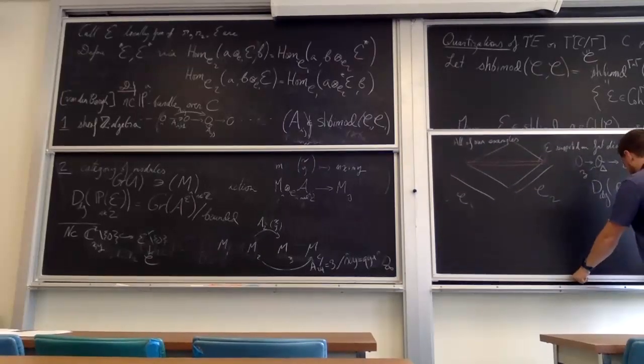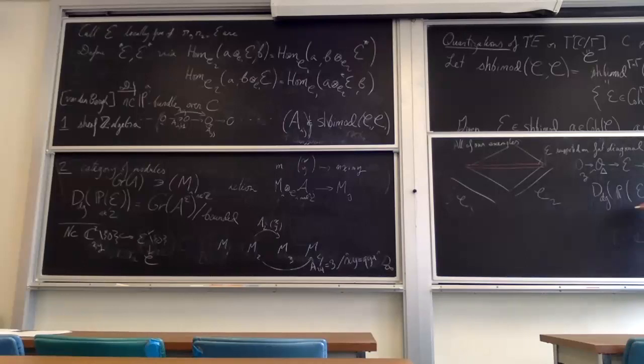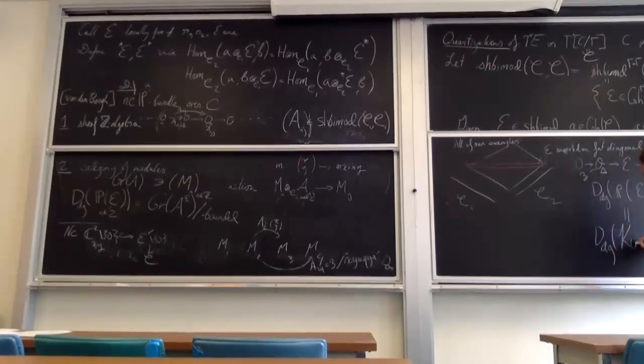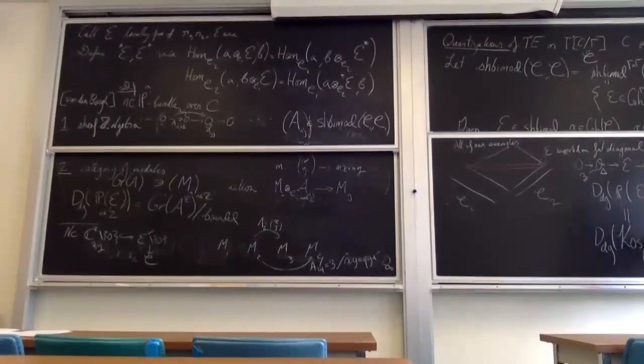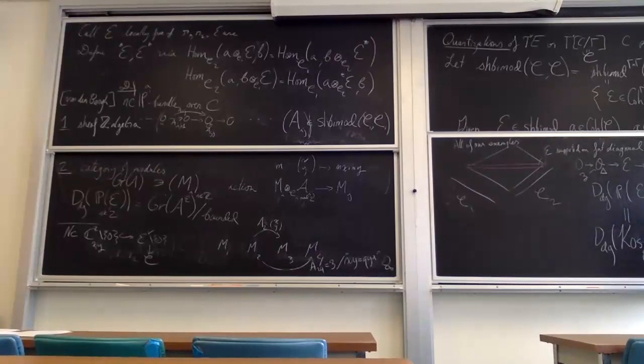So a key property is that this DG category also has an extremely nice description in terms of causal data. So this is DG equivalent to the DG category of causal data, depending on our sheaf bimodule. The DG category of causal data of E is the set of triples A, B, and some map psi.